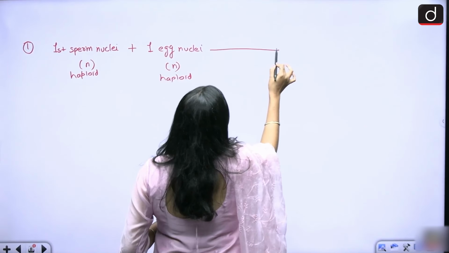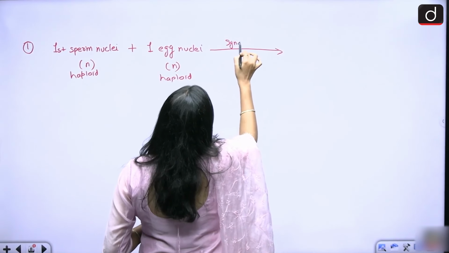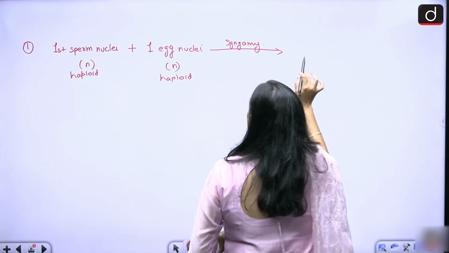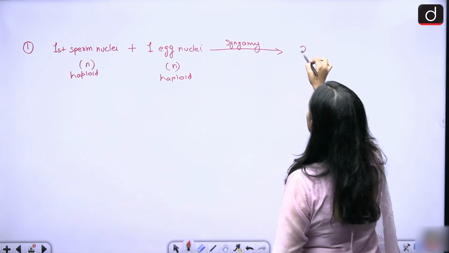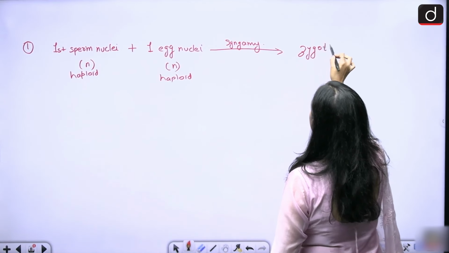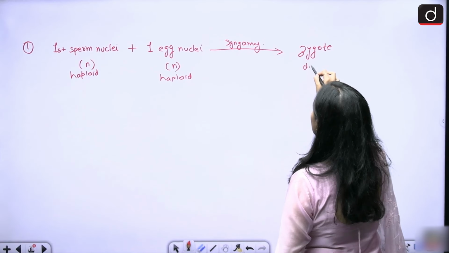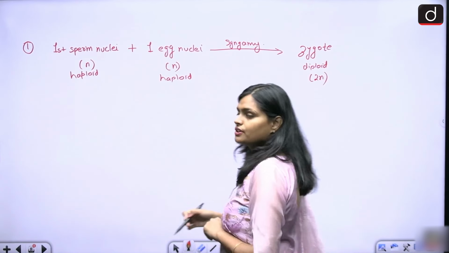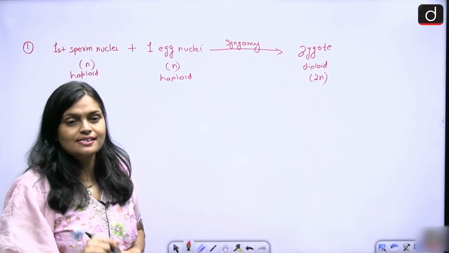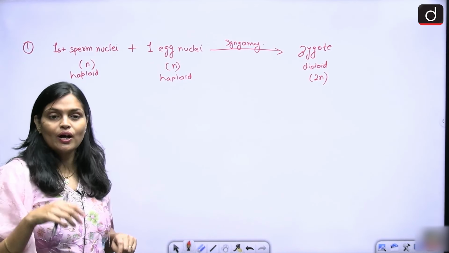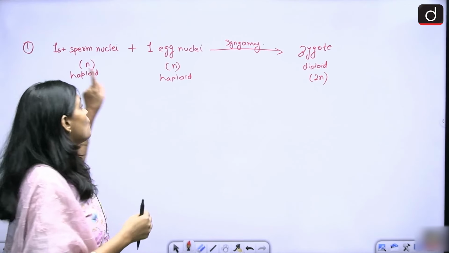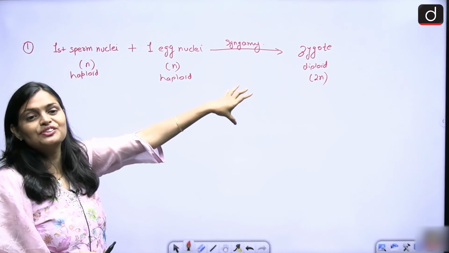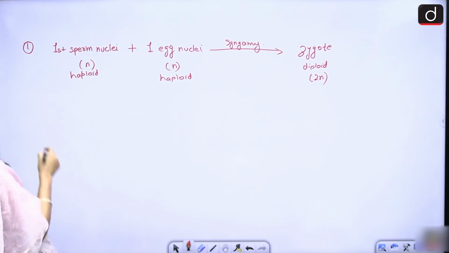When they both fuse together, the process is called syngamy. And then you will get the zygote, which is diploid, 2n. Why is it diploid? 1n from the sperm, another n from the egg.